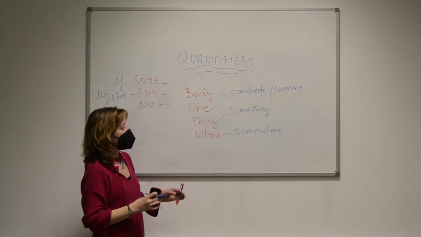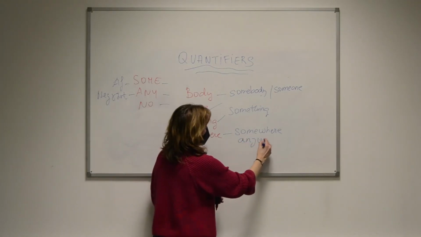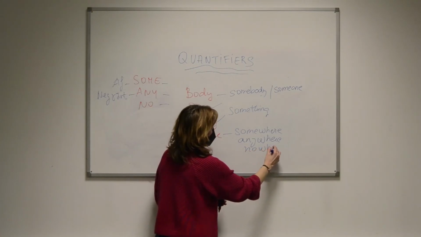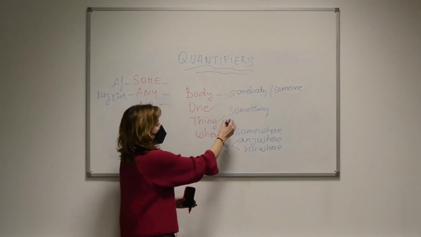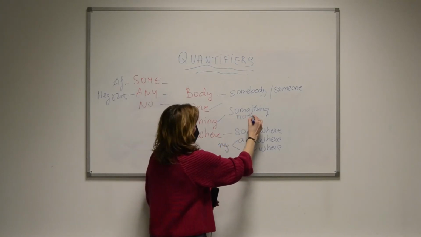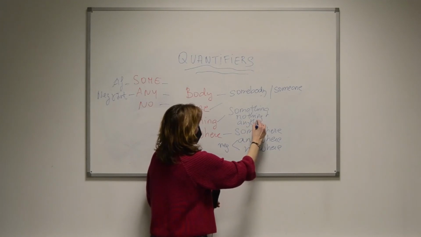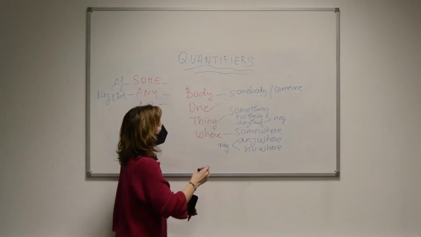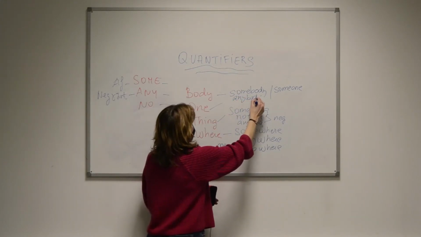It refers to a place. If we use any, it means nowhere, no place, a negative meaning. The same happens with nothing or anything. It's another negative meaning. Or anybody or nobody.